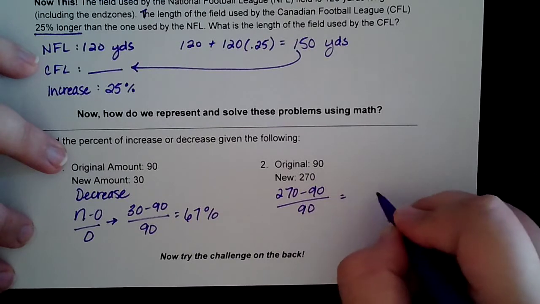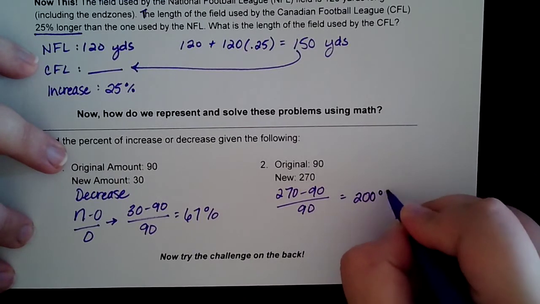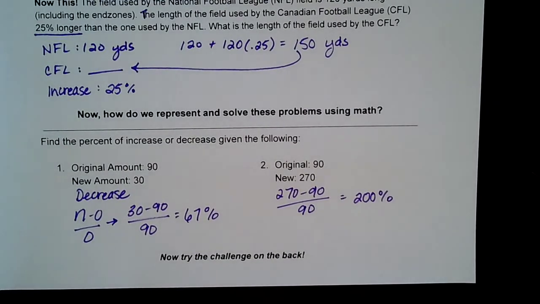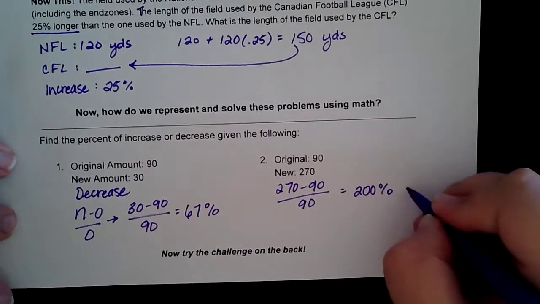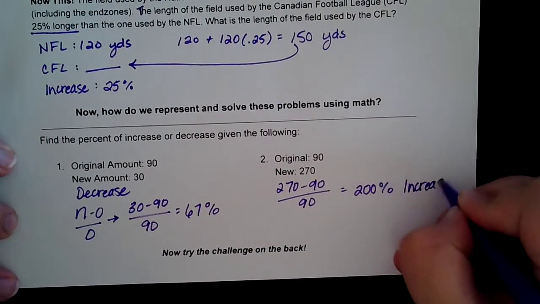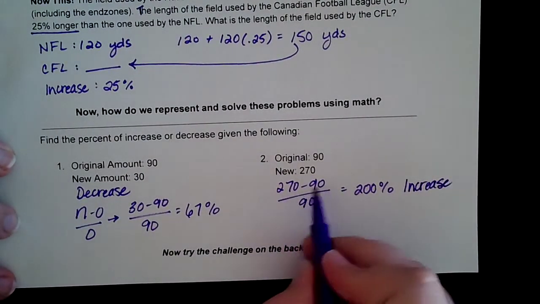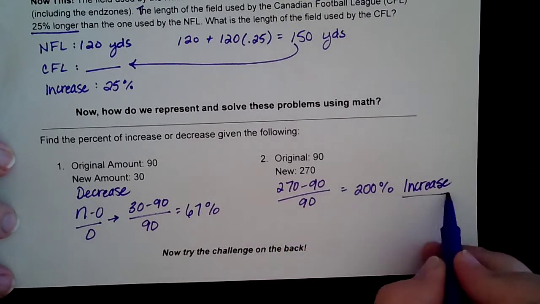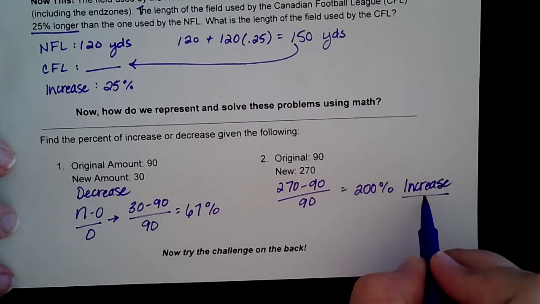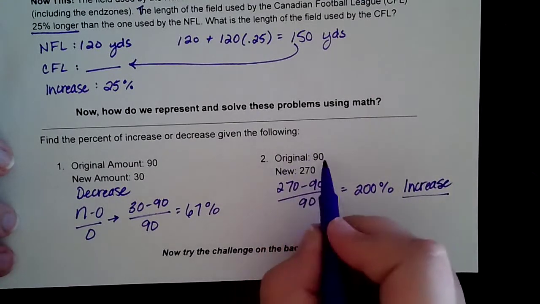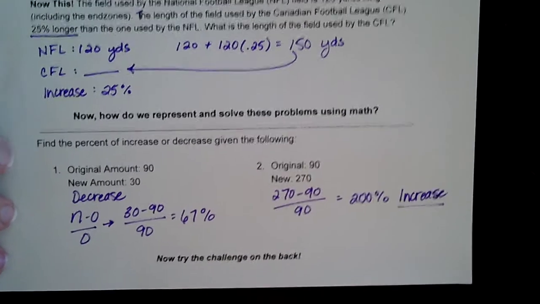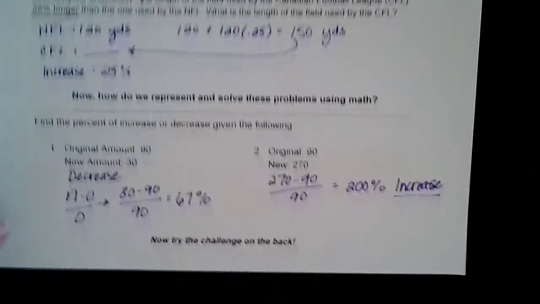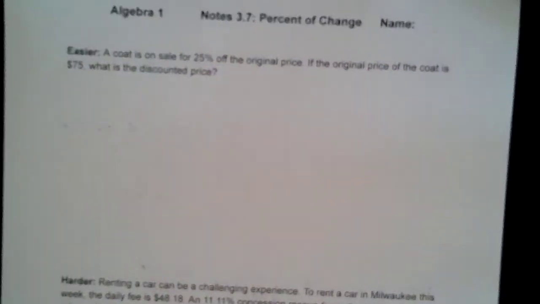Move the decimal place 2 to the right, and you get approximately 200% increase. Notice this one, when I subtracted up here, I got a positive number. That immediately tells me increase, but I can also reaffirm that based on the fact that my new is larger than my original.